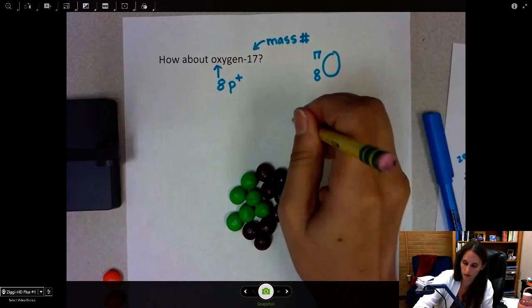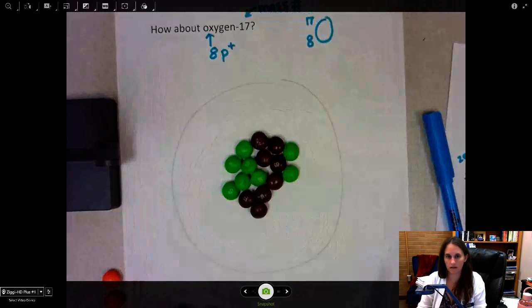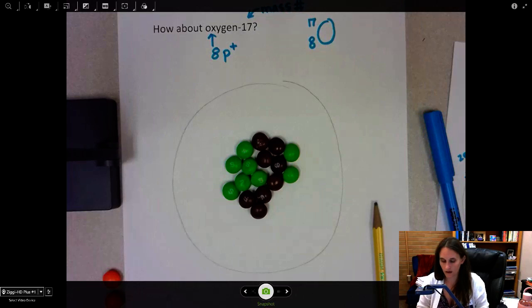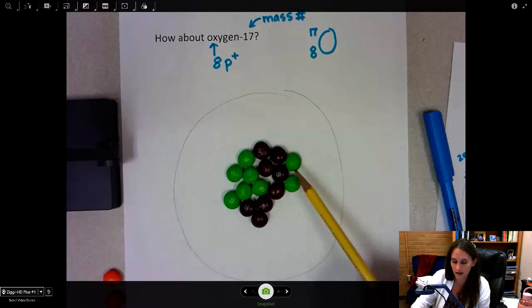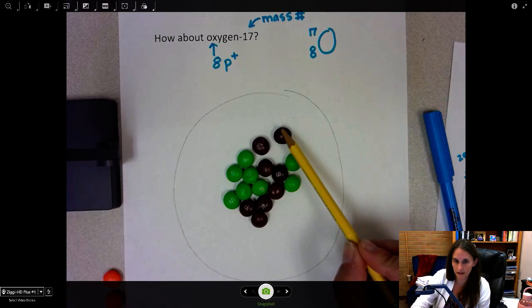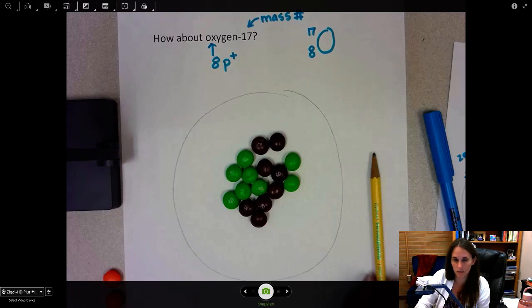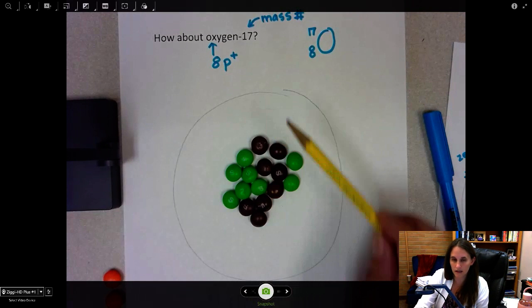And we'll do our little model, even though we recognize this isn't the most accurate. If this is a neutral atom, which I should assume it is because it doesn't say anything to the contrary, then I need a partner for each one of these. I need them to cancel out. +1 minus 1 equals 0. So for every +1, I need a -1.